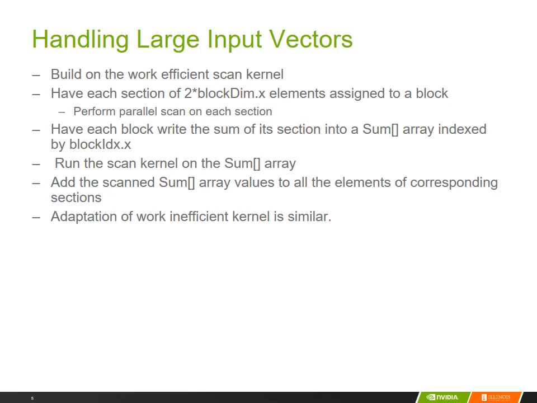We're going to introduce a method that will allow multiple blocks to collaborate and process an input that is much bigger than what can be accommodated by the shared memory of a single thread block. However, this algorithm is much better explained with the pictorial illustration in the next slide. And this one is just a summary of what we're going to explain in the next slide.